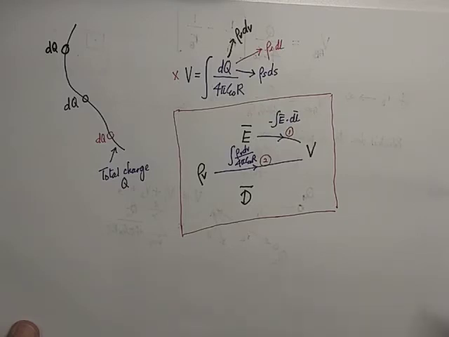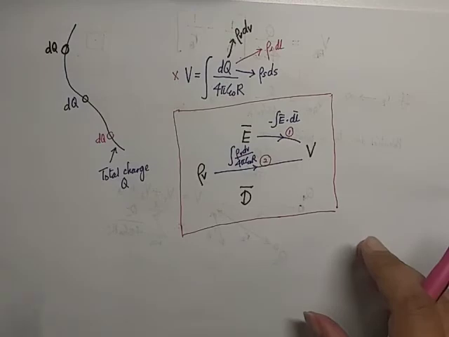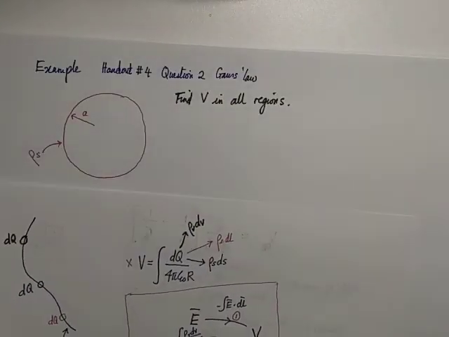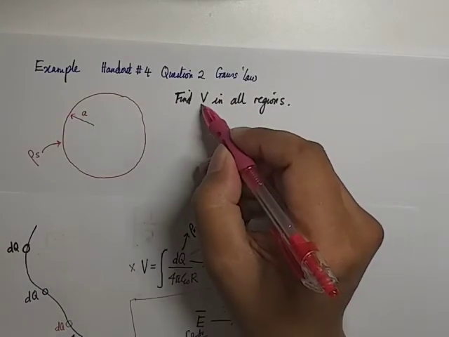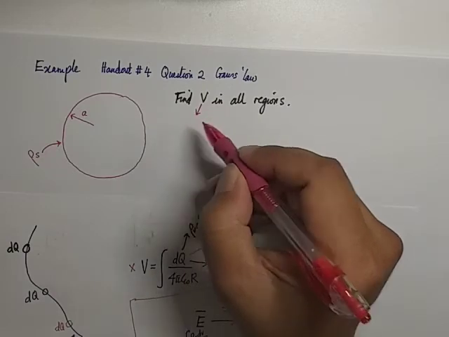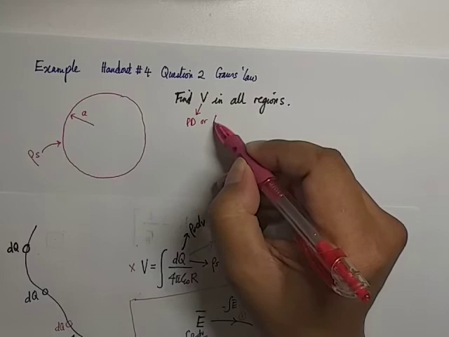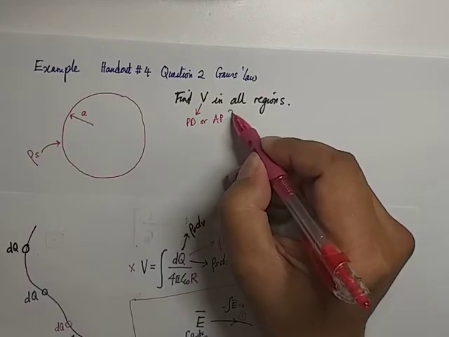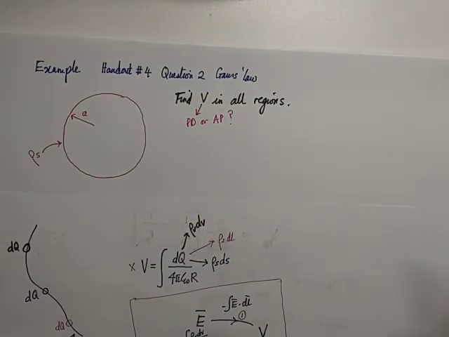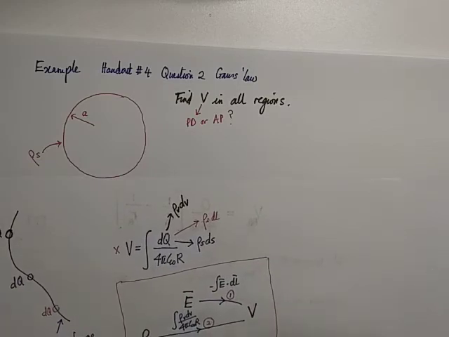Then the second issue that I'm going to ask myself: this V, is it potential difference or absolute potential? That's the issue I ask myself when I want to solve this problem.